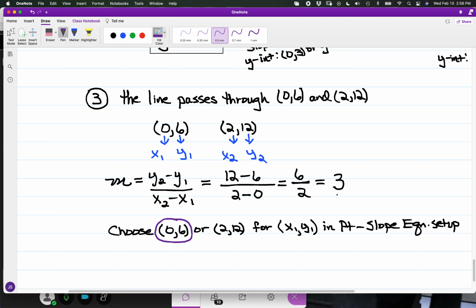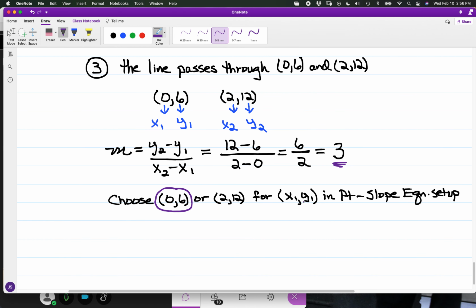Again, we have the slope at 3. So our x1 is going to be 0, y1 is going to be 6, and again the slope is going to be 3.